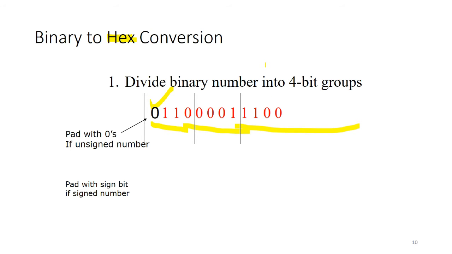This grouping of 4 has to be done from right to left. As you can see, first we made a group of 4 here, then we made another group of 4. When we were trying to make another group of 4, we saw that we have 3 digits here, not 4, right? So we have padded a 0 on the left to make it a 4-bit group.